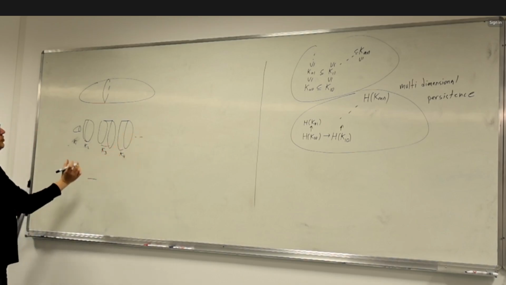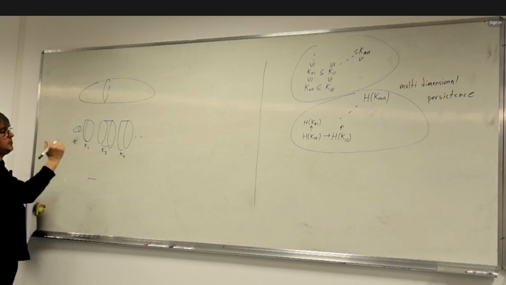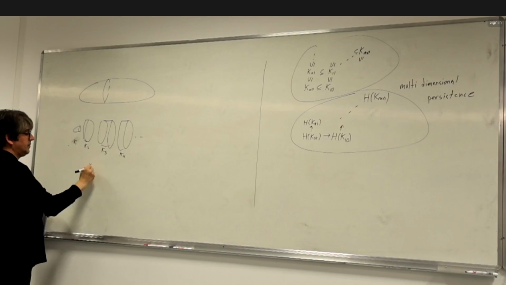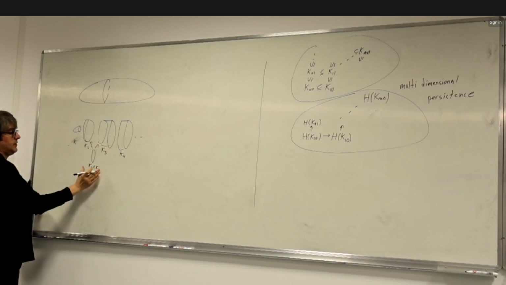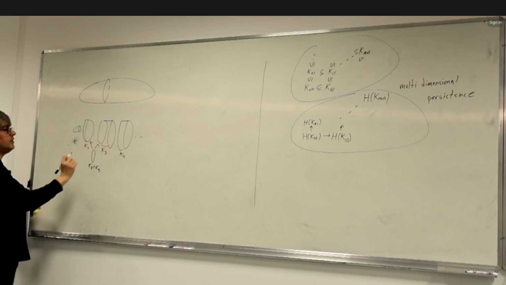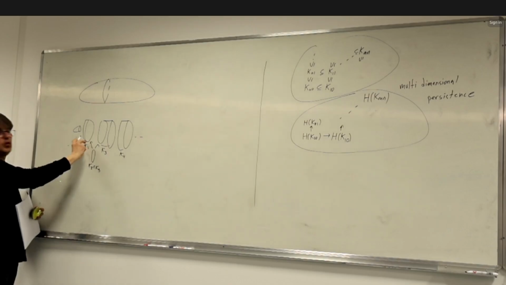Now, there is no natural map from K2 to K3 or K3 to K2, but what you can do is, for example, take their intersection, and now there is a natural map from the intersection to K2 and K3. So this will tell you how to compare this homology to this homology.